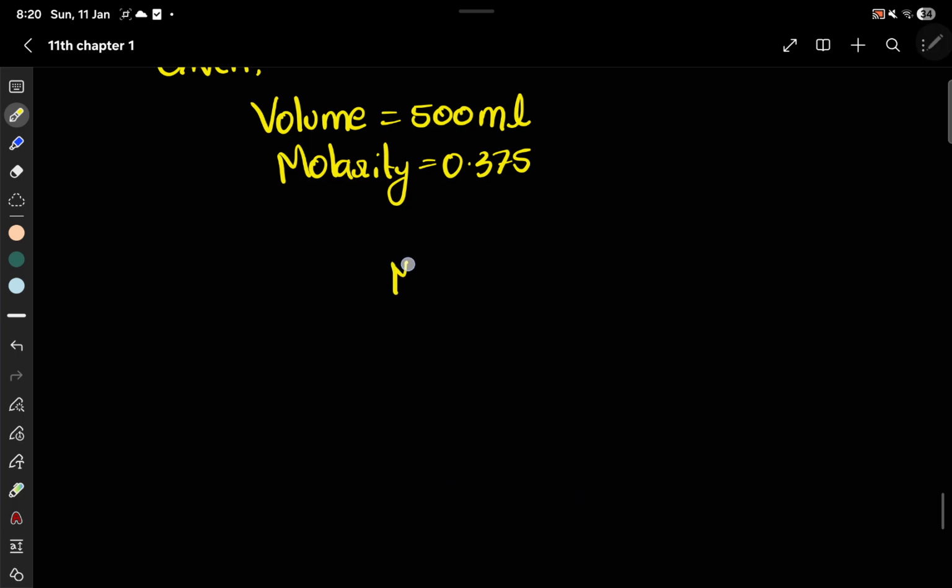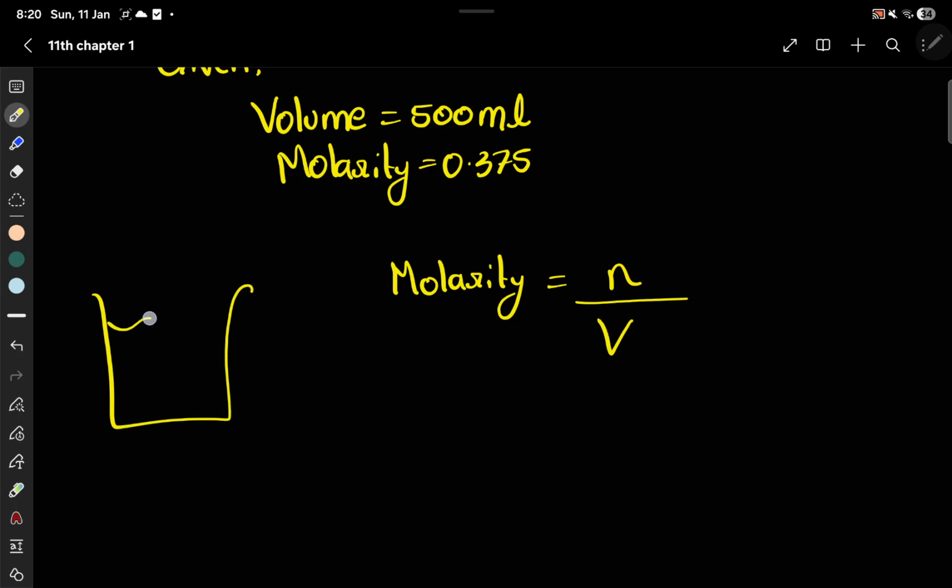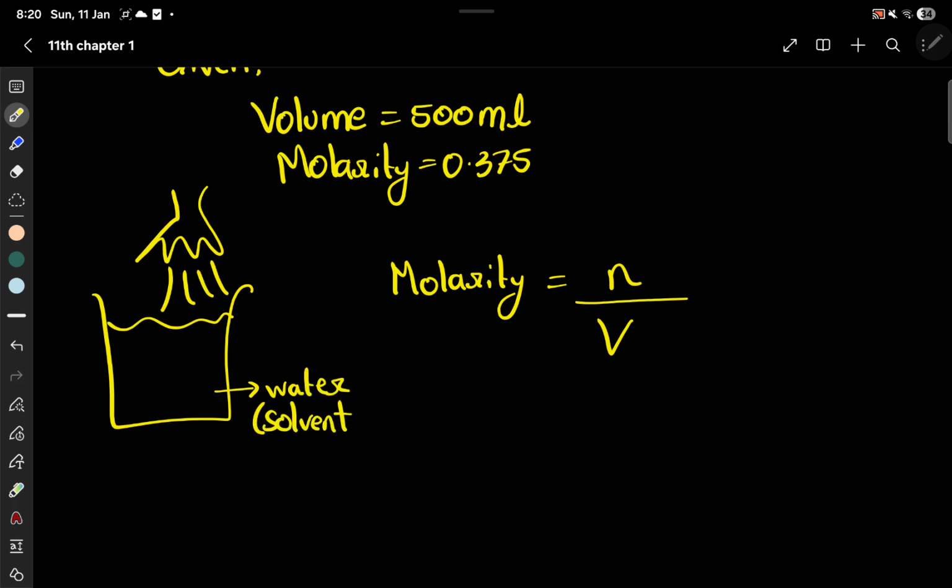For calculating molarity, the formula was number of moles of solute divided by volume of solution in liter. So students, here is our tumbler which has the solution, and in that solution we were going to add our chemical compound. The water here was our solvent, and the chemical which we were pouring, CH₃COONa, was our solute.